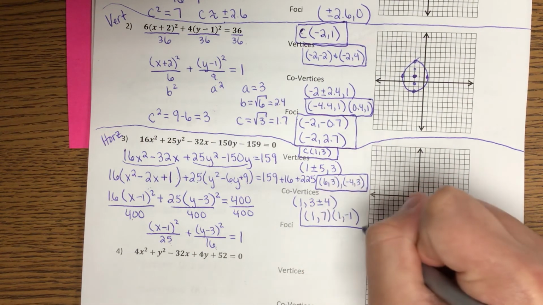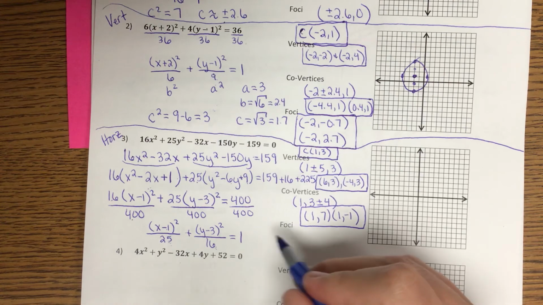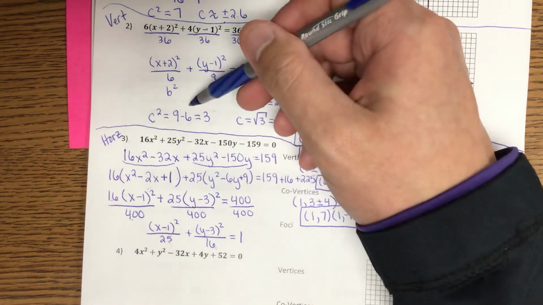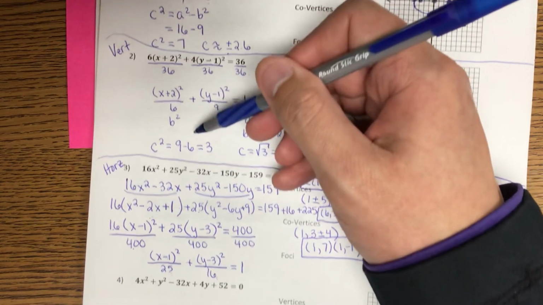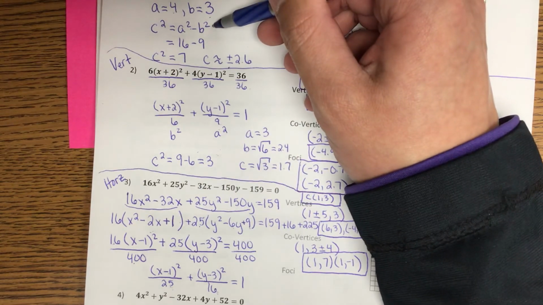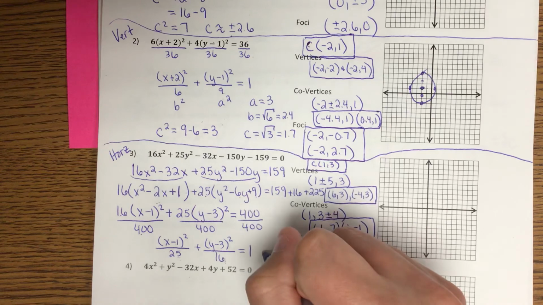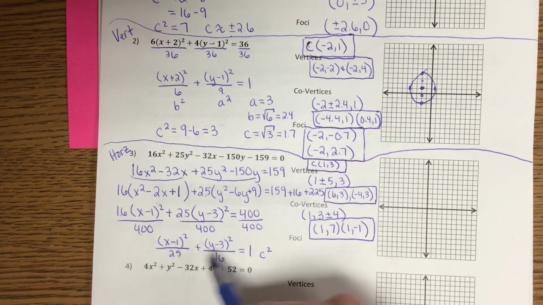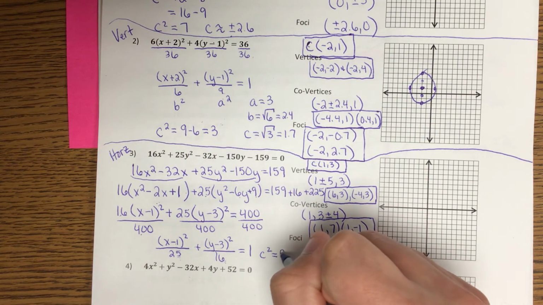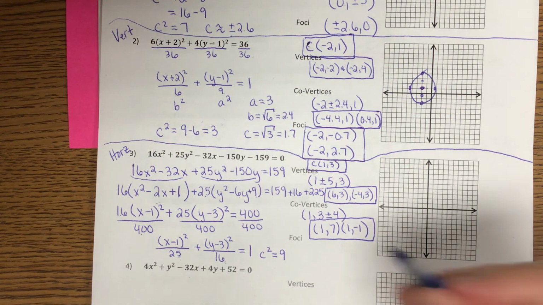That's right. Now, to get the foci, I have to find the c value. And remember, the c value follows this formula right here, which we wrote all the way up in problem number 1. So I have to take a squared minus b squared. So c squared would be 25 minus 16, which I believe is 9. So then c would be 3.